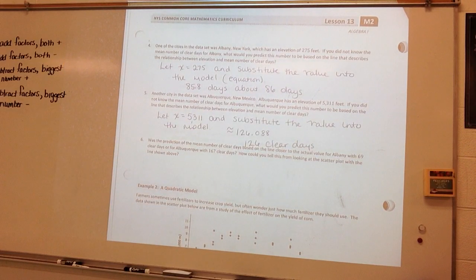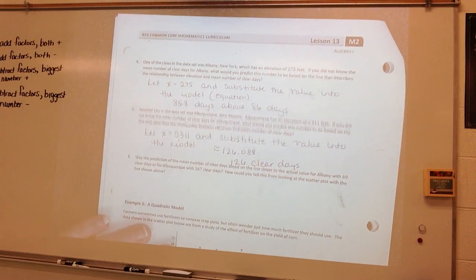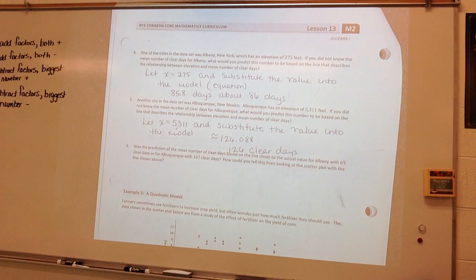All right, let's look at number 6. Was the prediction of the mean number of clear days based on the line closer to the actual value for Albany with 69 clear days and for Albuquerque with 167 clear days? The line predicts that Albany would have 69 clear days and Albuquerque would have 167 clear days. So was it close?